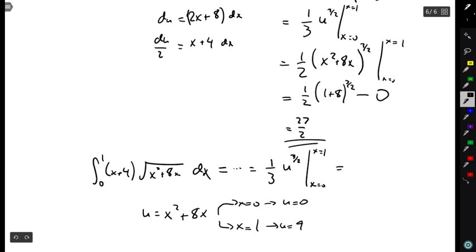So now what I can do is I can say, well, this is 1/3 u to the 3/2 evaluated from u equals 0 to u equals 9. I can plug in 9 for u, so that's going to give me 1/3 times 9 to the 3/2. I can plug in 0 for u, that's 1/3 times 0 to the 3/2.